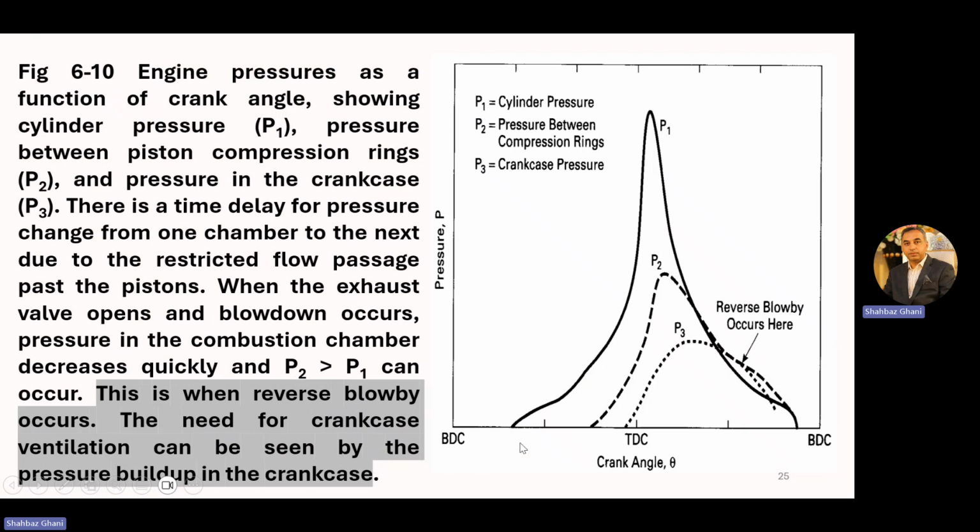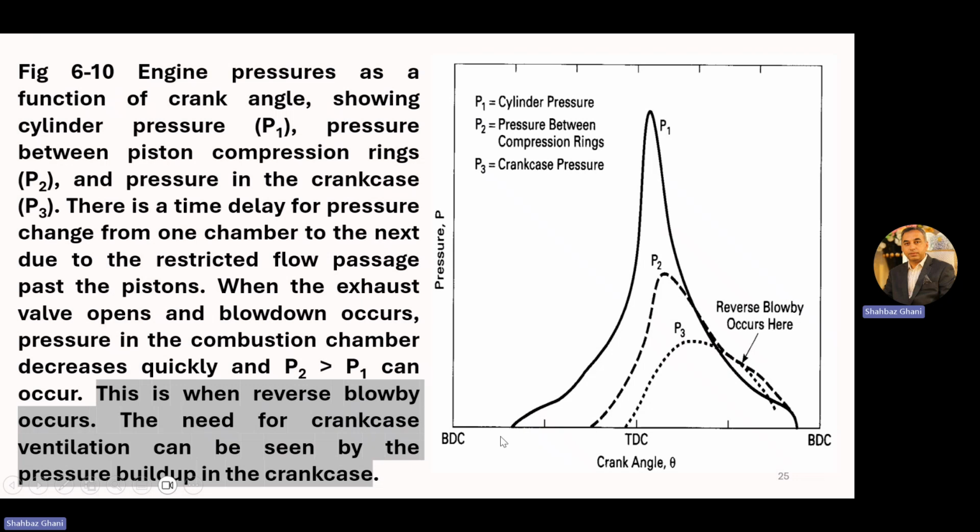Now let's see the graph on the right side. We have the x-axis with the crank angle, and on the y-axis we have the pressure. Now at BDC, the intake stroke is finished and the piston is at BDC. Let's start moving towards TDC, the compression stroke.